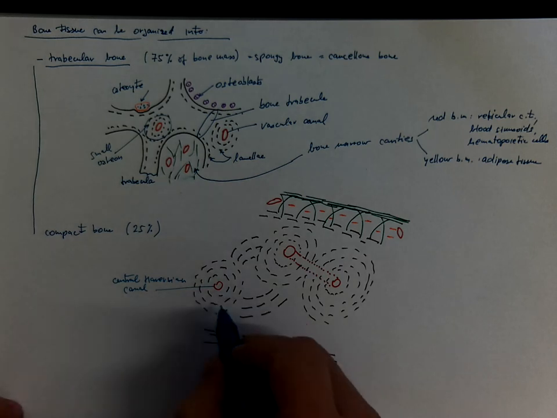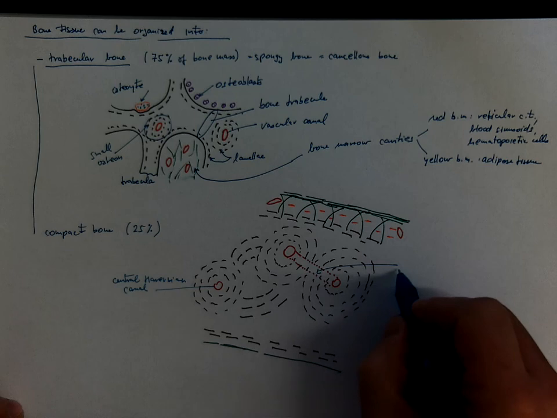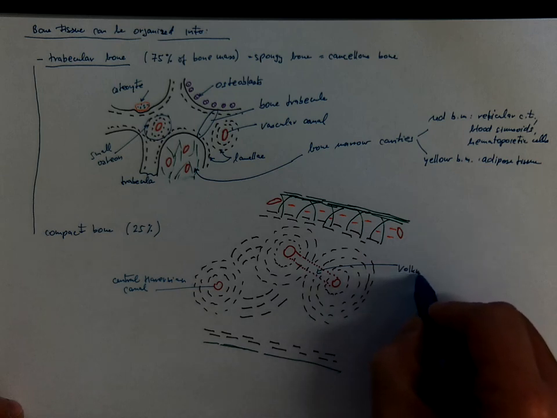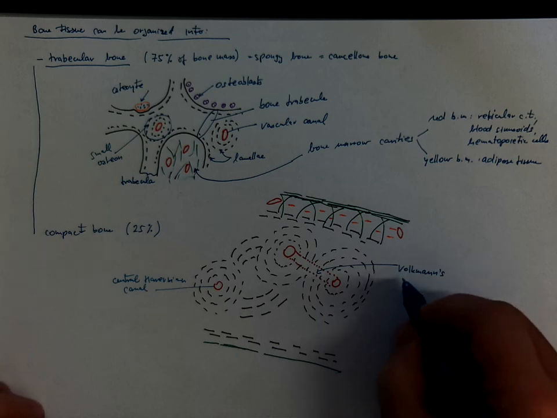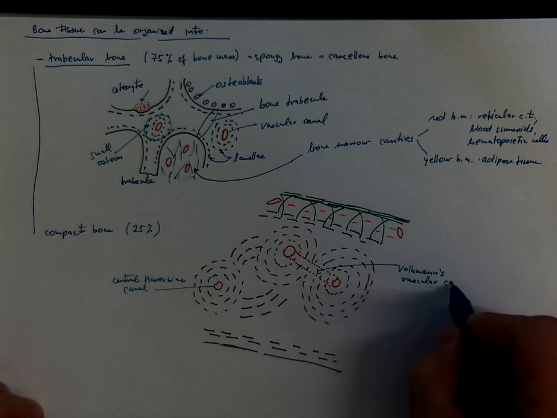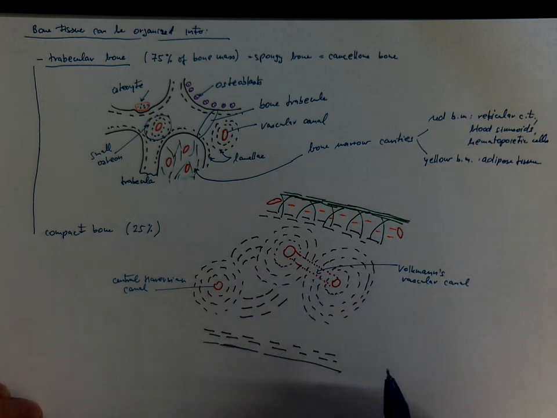We have the connecting Volkmann's canal, double N, vascular canal, the one that connects two haversian canals.